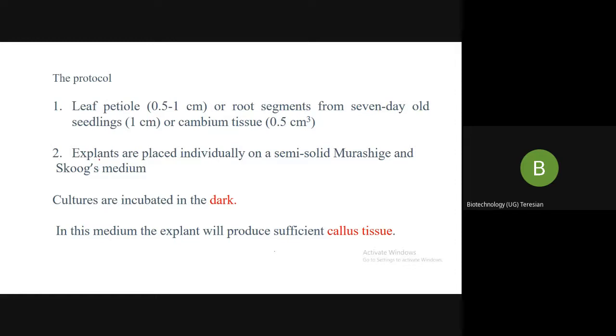These are called explants, and they are placed individually on the semi-solid Murashige and Skoog media. So this is my explant. And where did I place my explant? I placed it in a semi-solid media, that is the Murashige and Skoog media. I placed it in the culture tubes and incubated in the dark.